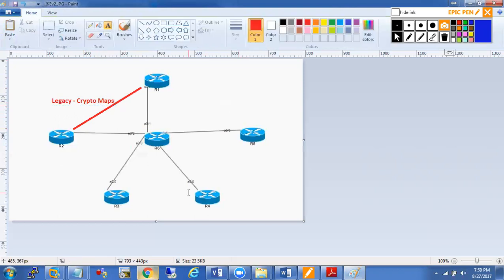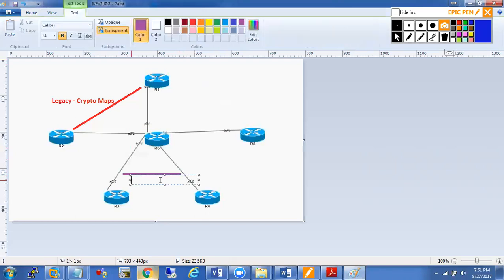And let's do another one between 3 and 4. This one I will do based on SVTI.